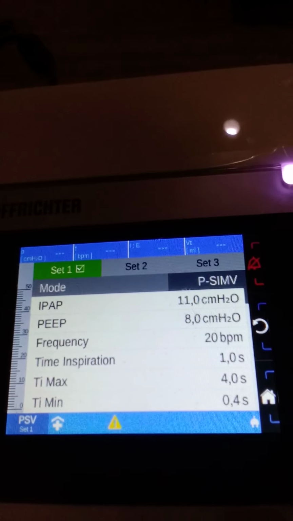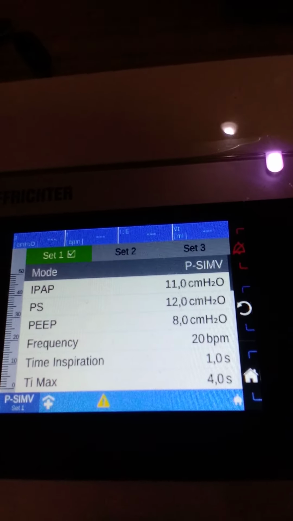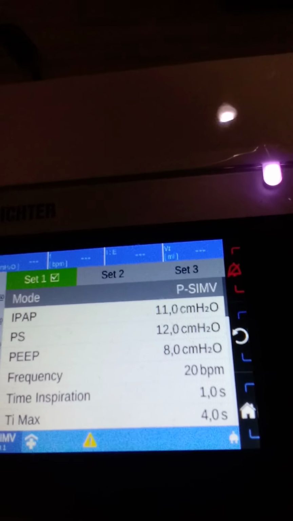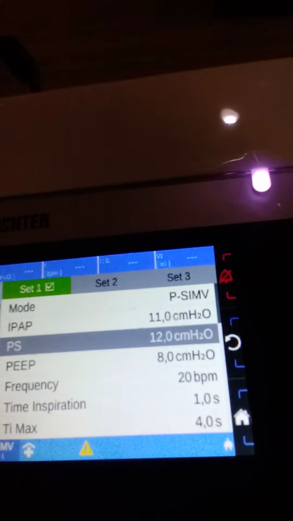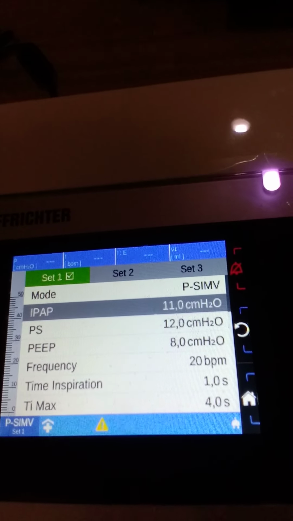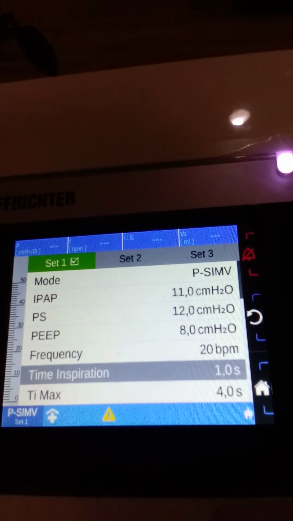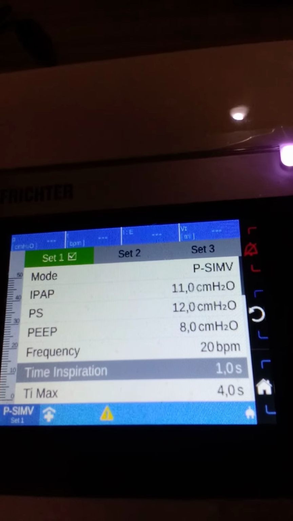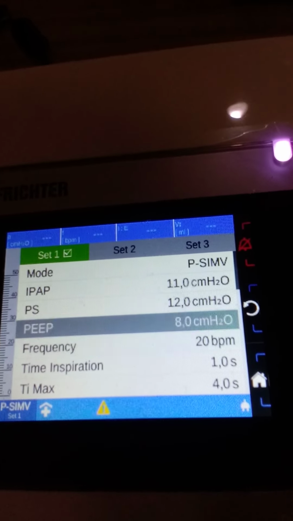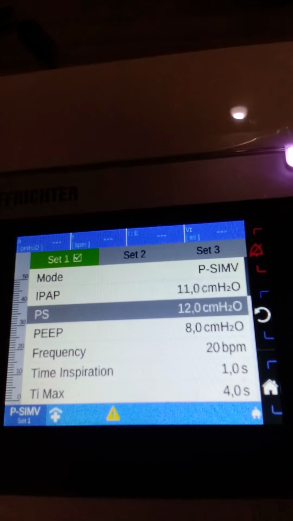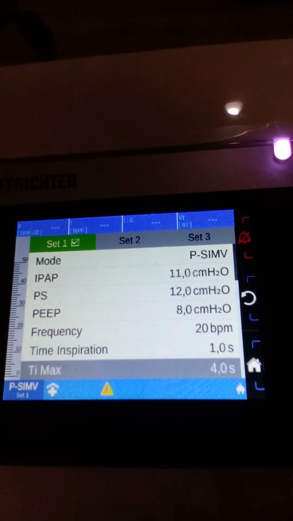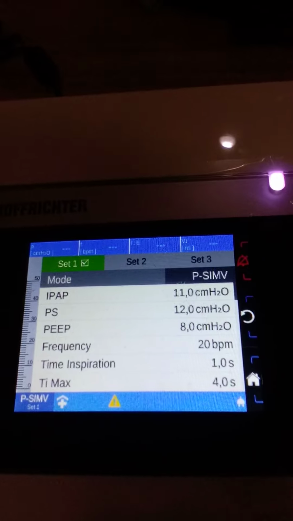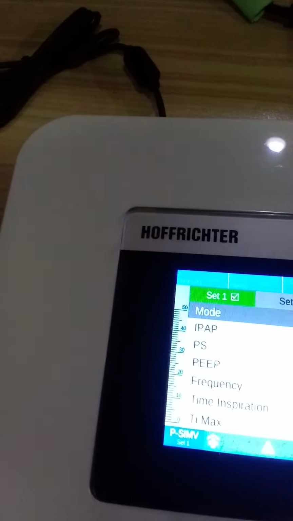For invasive ventilation, when we select PSIMV, there is a PEEP, there is an IPAP which is targeted by a set frequency, and this is a pressure support which is targeted by spontaneous breath of the patient. So these are some modes of ventilation.